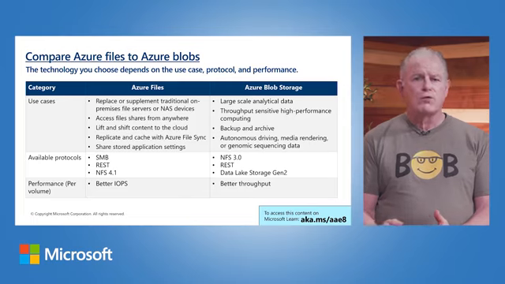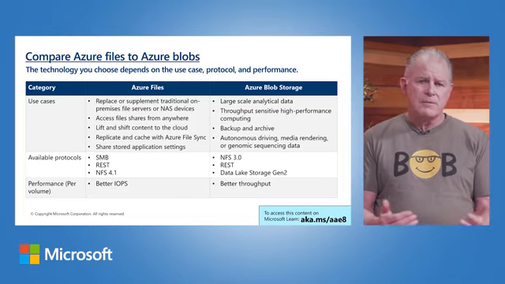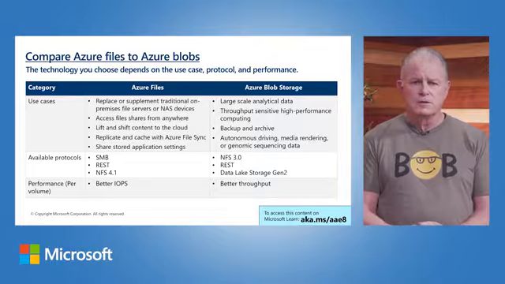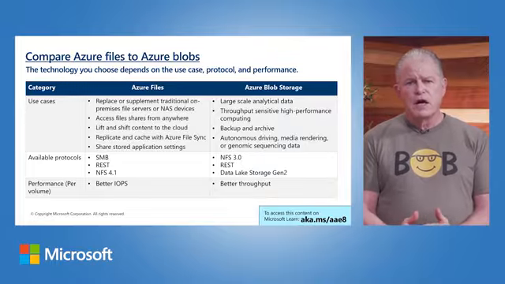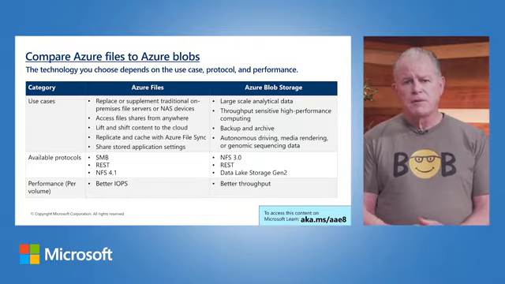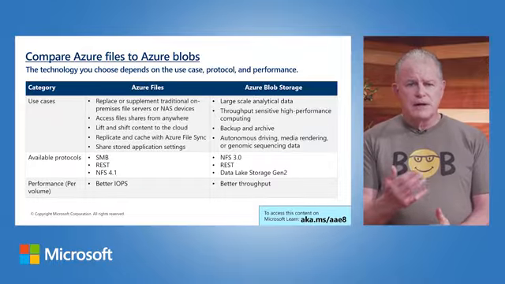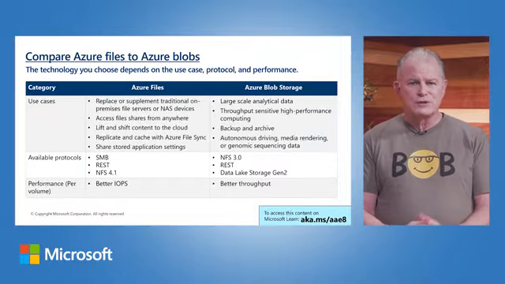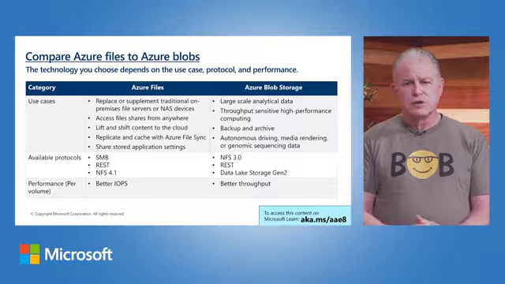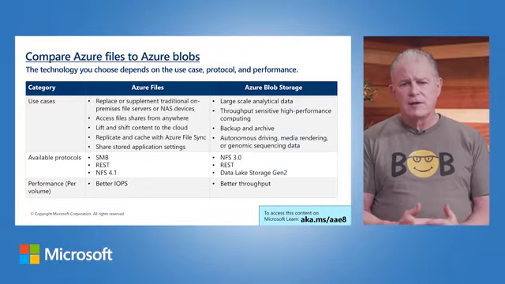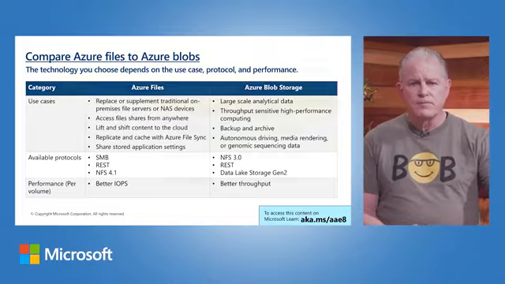Are you looking for throughput of that data itself? Because that might make the distinction of which one I want to use. But Azure File Shares are a great way to create that backwards compatibility. You've seen that it replaces some of those older traditional NAS, or network attached storage, servers and devices that provided these shares on your network.